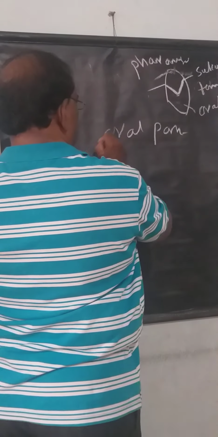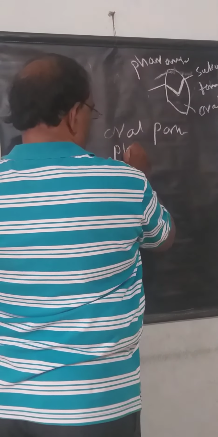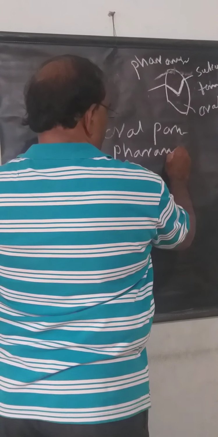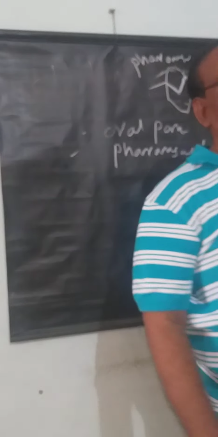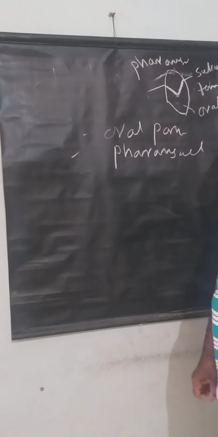Another is the pharyngeal part, demarcated by a groove called the sulcus terminalis. They differ in function, in morphological pattern, and in developmental factor also. This part of the tongue is called the dorsum of the tongue.